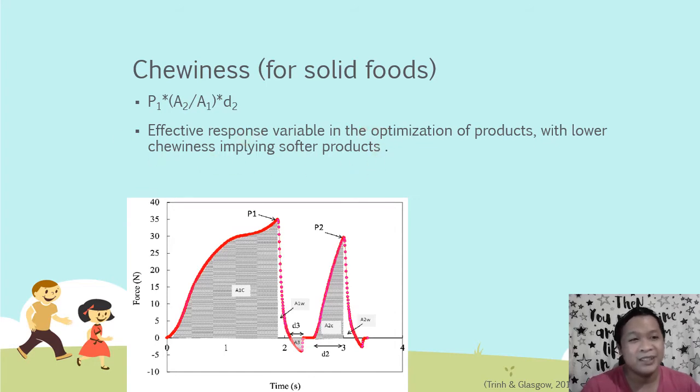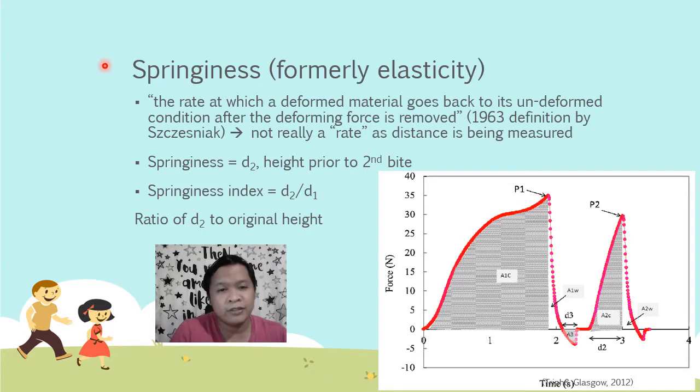So, okay. The original definition for springiness is the rate at which a deformed material goes back to its undeformed condition after the deforming force is removed. So technically, it's not a rate, as what you're actually measuring is distance. Kaya lang yan nakalagay dito as parang as a function of time because constant yung speed ng pag-move ng probe mo, di ba?